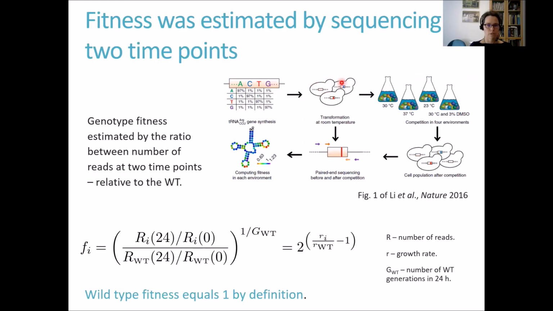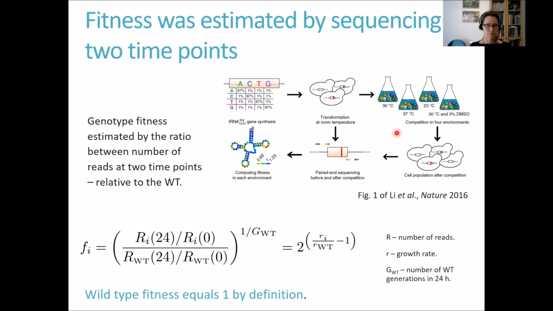And then all these variants were grown together in a competition assay in one of the 4 conditions that I mentioned. Cells were harvested from this culture at 2 time points, time 0 and then 24 hours later, and they were sequenced.